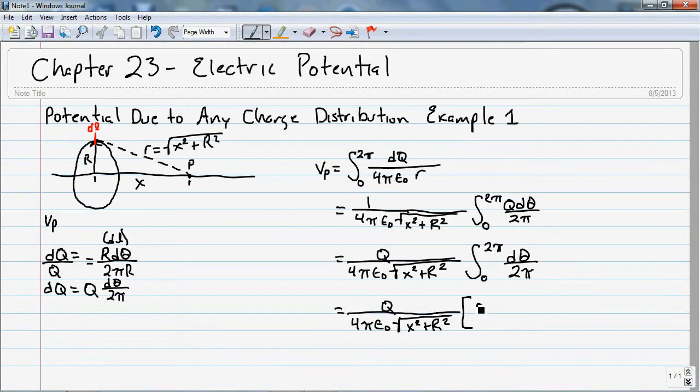And that's just going to be theta over 2 pi from 0 to 2 pi.